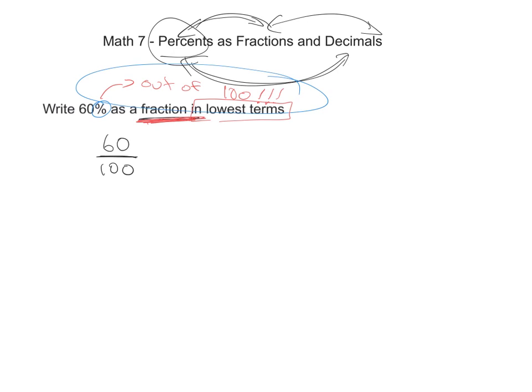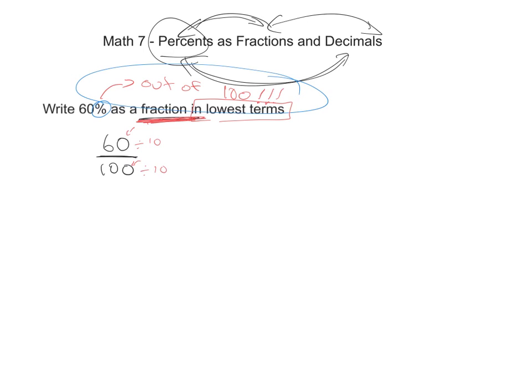So this fraction, if I can divide the top and bottom by the same number, it is not in lowest terms. So I need to keep reducing this fraction until I can no longer divide it by anything but the number 1. So the first thing I'd look at here is my divisibility rules. Hey, both numbers end in a 0. So I know right away I can divide the top and the bottom by 10.